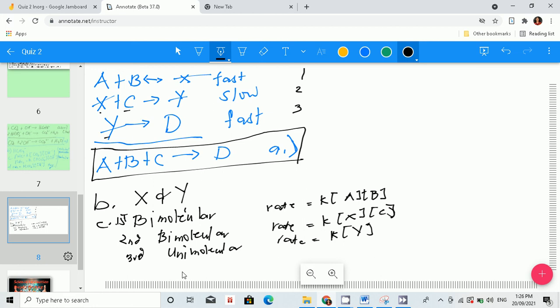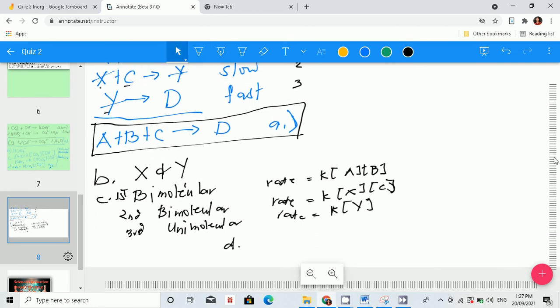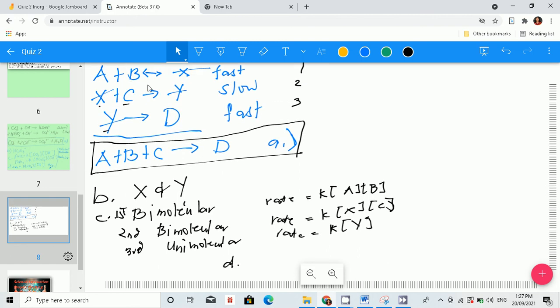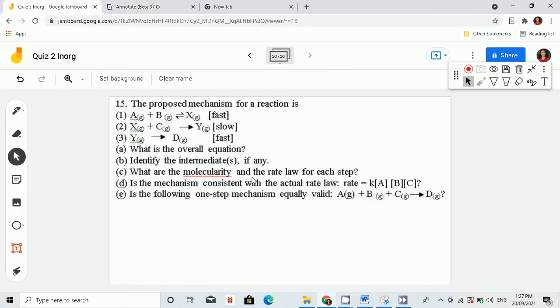Now, what is letter D? Letter D asks: is the mechanism consistent with the actual rate law, k times A times B times C?